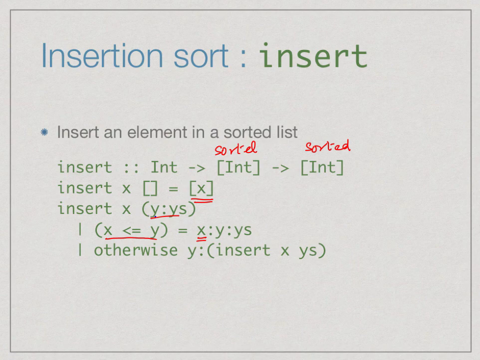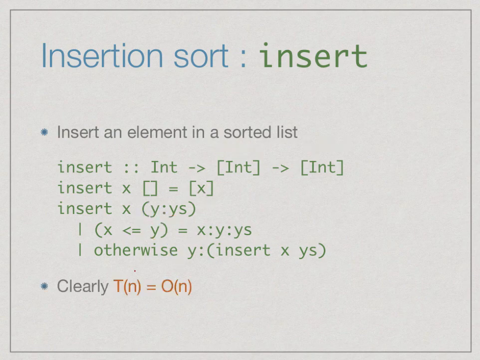If x is not smaller than the smallest y, then overall between the x and the y's, the first y is the smallest value. So we pull that out in front and recursively insert the x into the remaining y's.